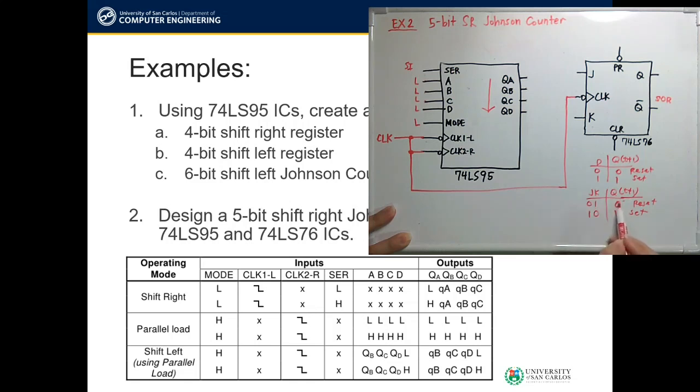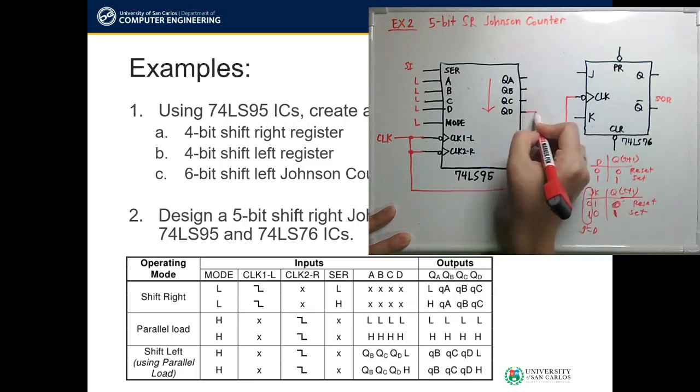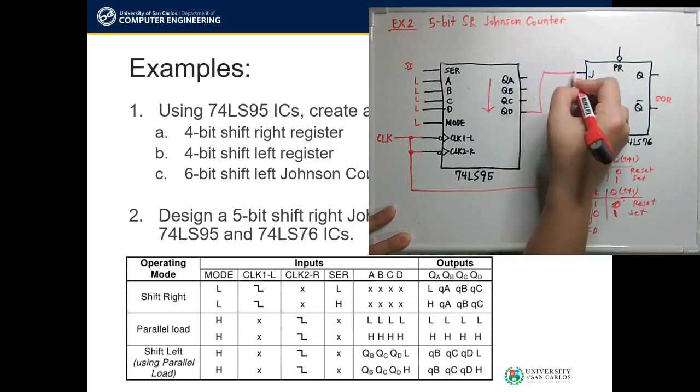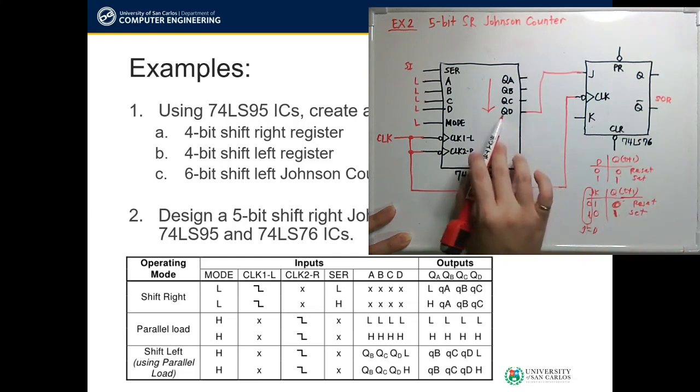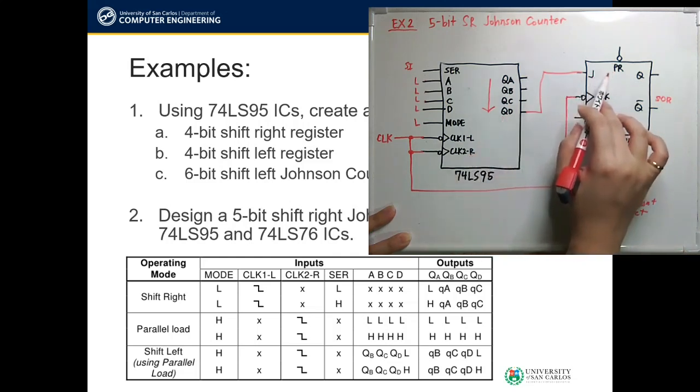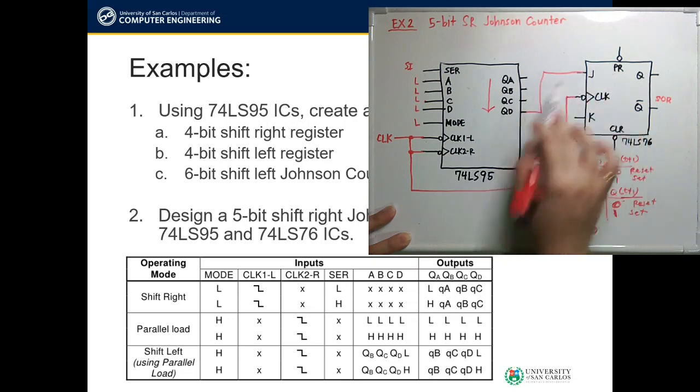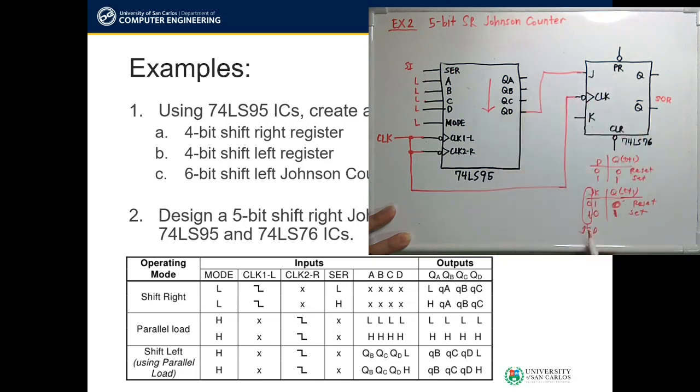So if we want this output at our next state, then we need to connect J as our D input because this is the same. So that means we are going to connect QD to our J input because we need this to connect to the D input, and while J is just equal to D, we can just connect them together.